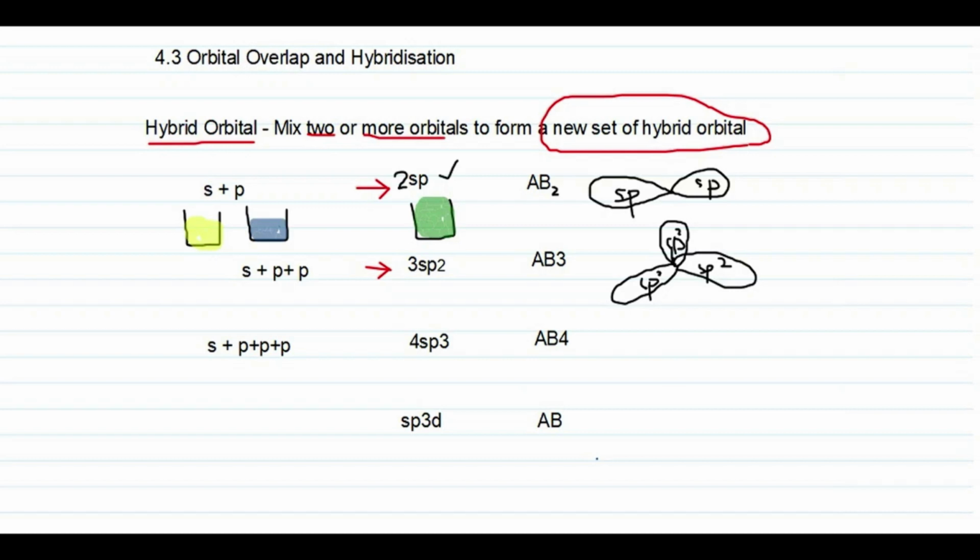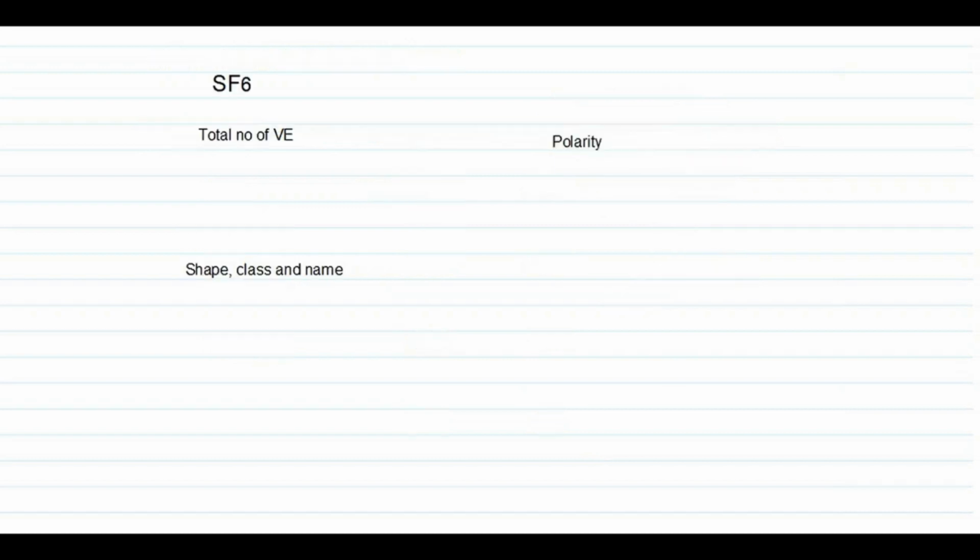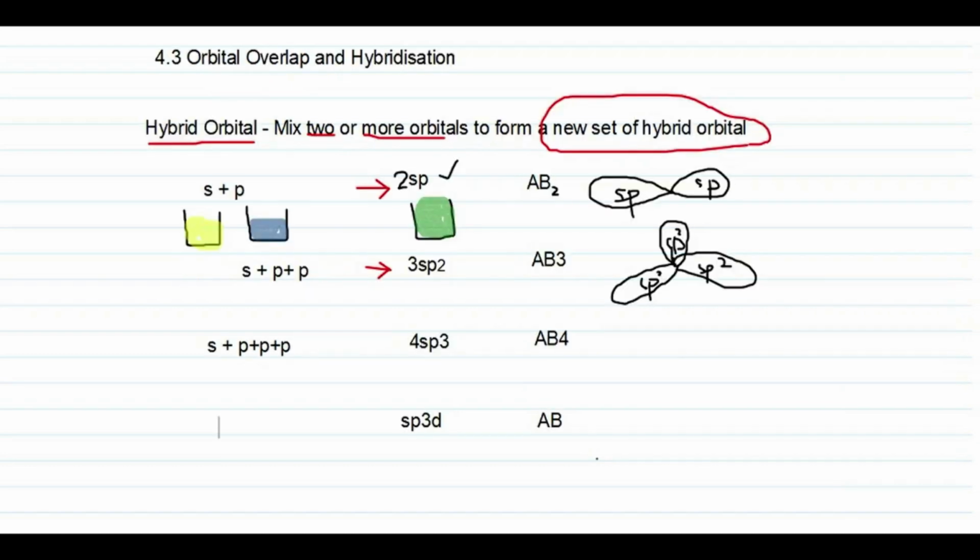And for this one, s plus p, plus d, and this one is going to be 5 sp3d, and this is going to be AB5, which carries the shape of trigonal bipyramidal, and you will draw it as usual. Okay, let's look at the example next.